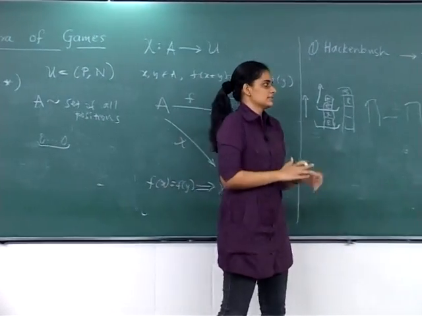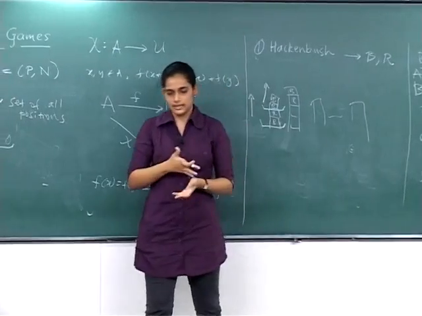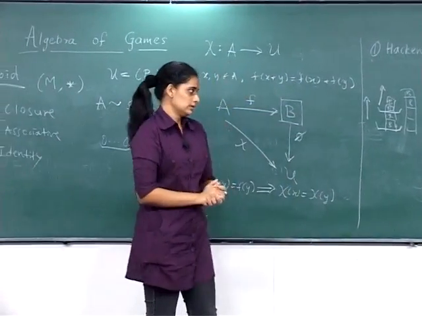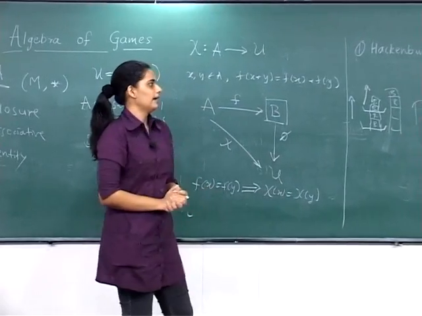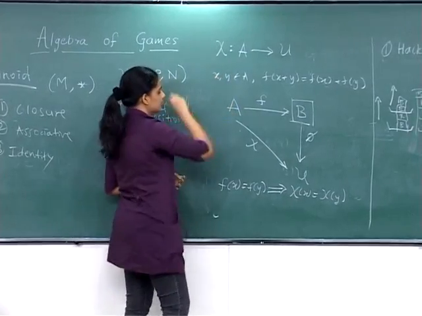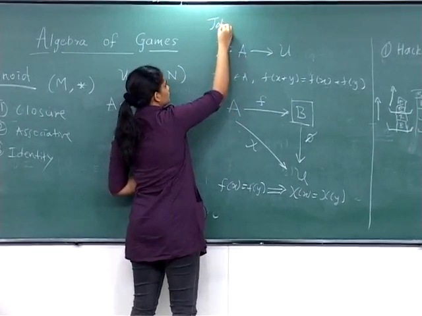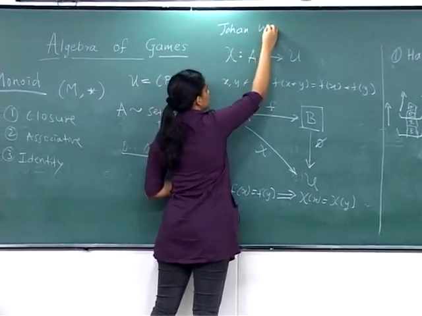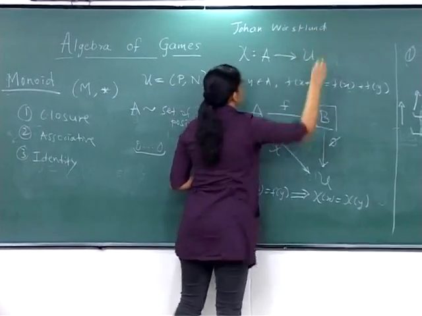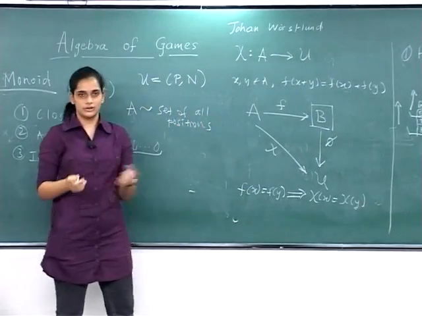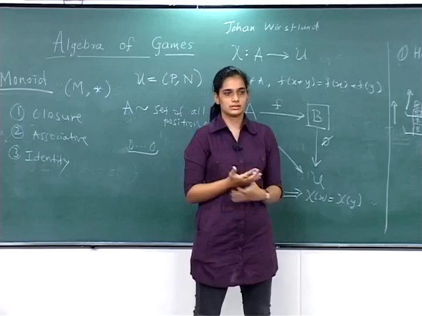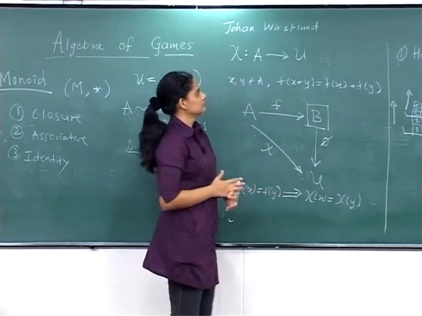So we can just say the monoid approach helps us to analyze a larger variety of games. So that's it, and I suggest if you are interested, you can read a paper by Johan Wästlund, which is called The Strange Algebra of Games. It is a very nice paper which explains all these things, and that's it.